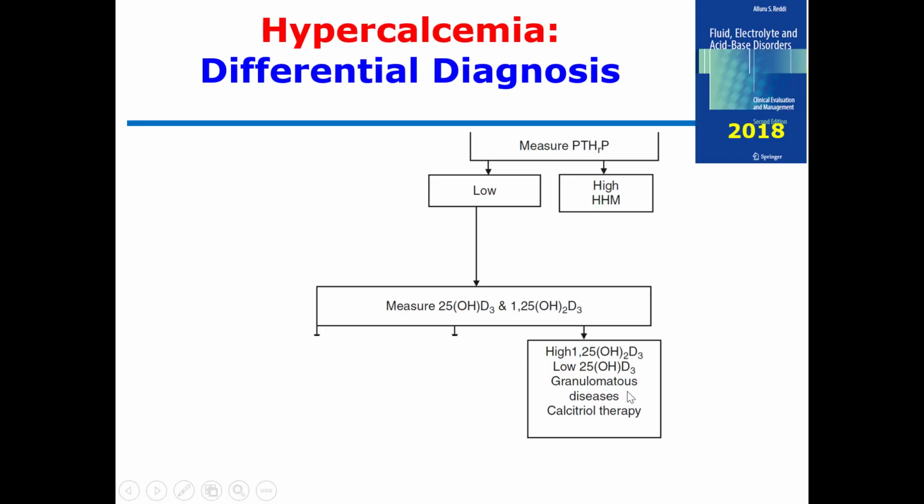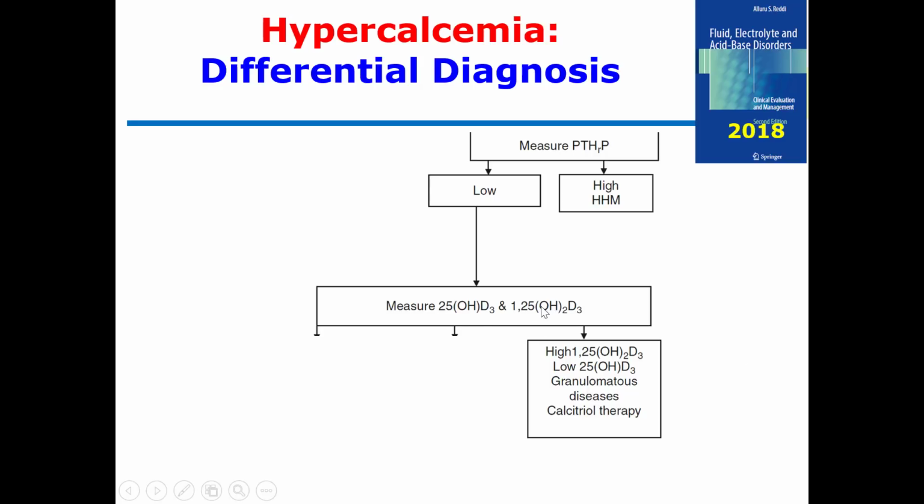Within the granuloma, 1-alpha hydroxylase is secreted, and there is a great difference between 1-alpha hydroxylase secreted from macrophage and the natural 1-alpha hydroxylase secreted by the proximal convoluted tubule. The major difference is that 1-alpha hydroxylase secreted by macrophage does not follow the usual feedback with calcium, so it is not suppressed.